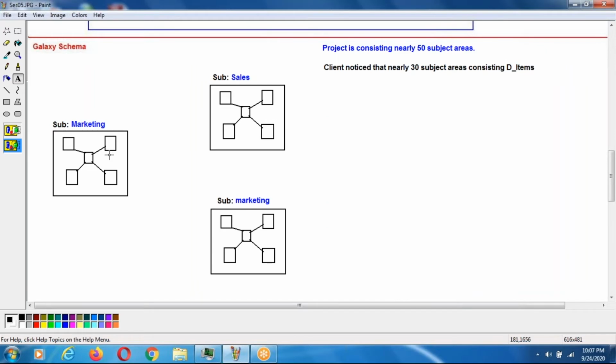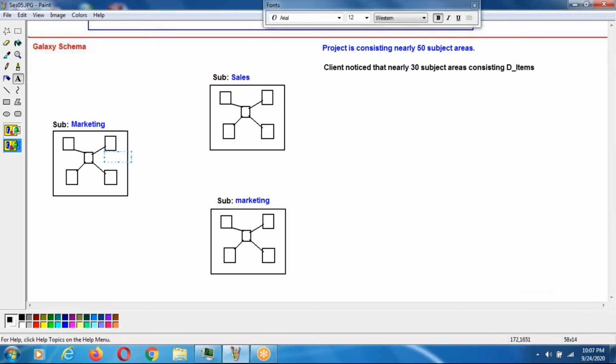So for example, I'm assuming that this is a d underscore items table. Similarly, this is a d underscore items table. It is also a d underscore items table.